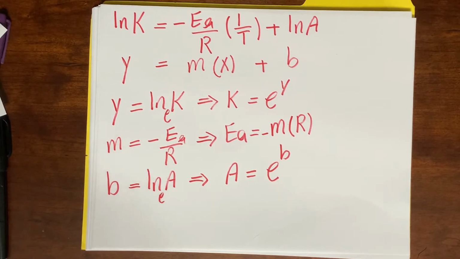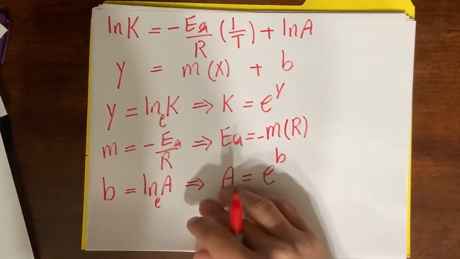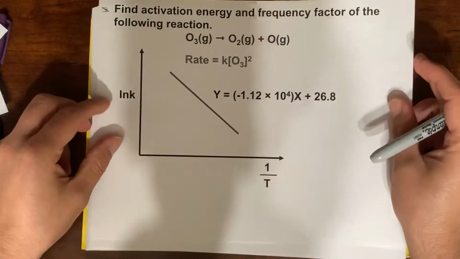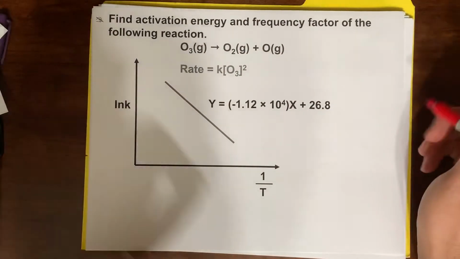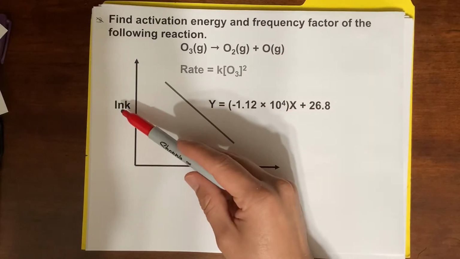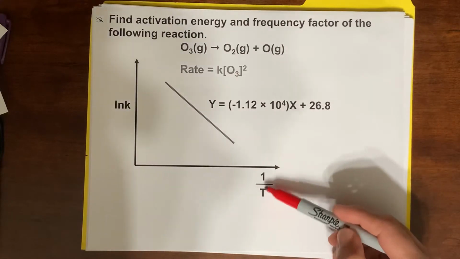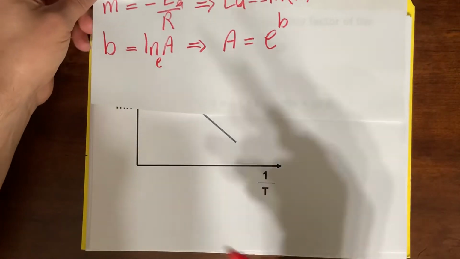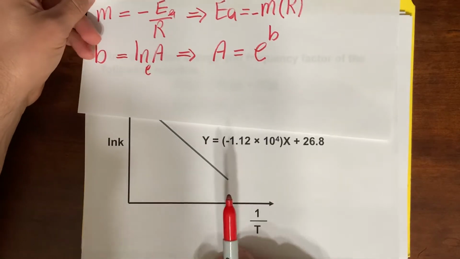So we have one example in your slide that I'm going to go through. Okay. Here's a question. It says we have a linear equation. Look at this one. It says ln of k versus 1 over T. I'm going to bring it down here.